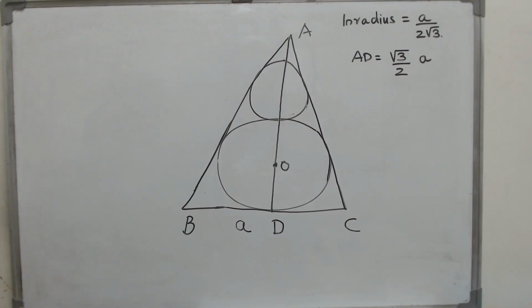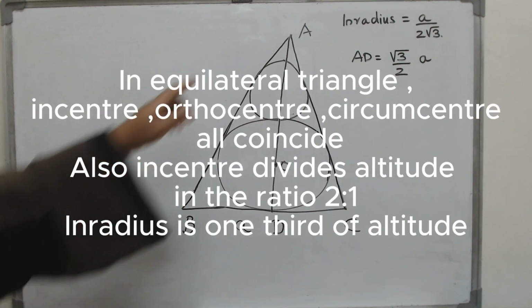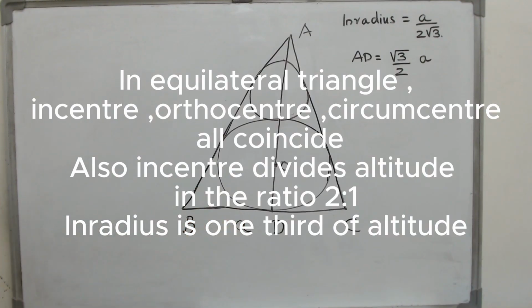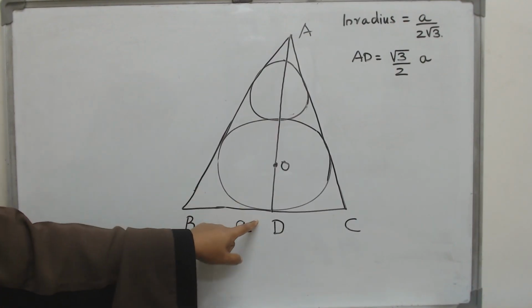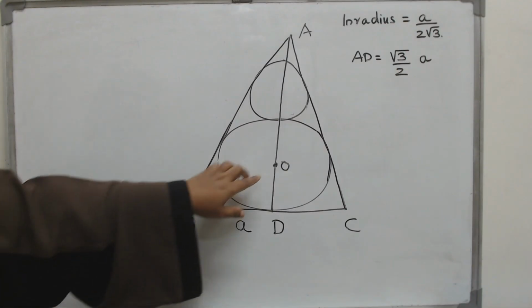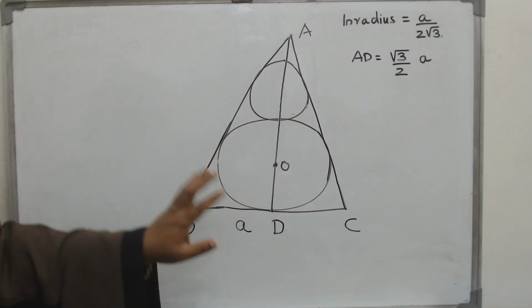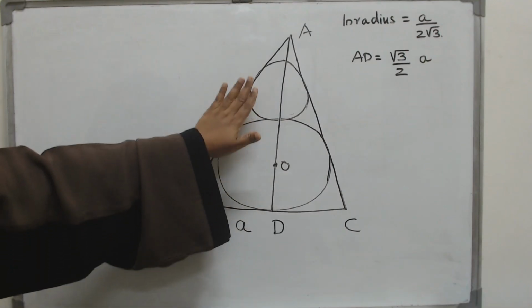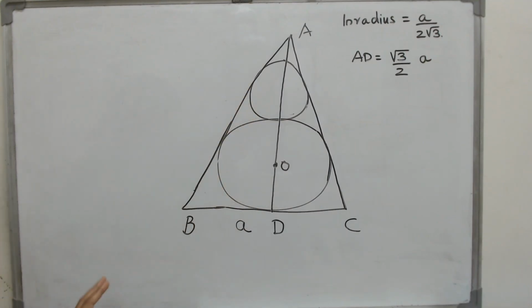It is an equilateral triangle which is symmetric, which means what? If you draw any altitude, it is going to multitask. This altitude is also going to be the median. It is also going to be the angle bisector. So your incenter and your orthocenter are all going to be the same. So this picture that you see here is perfectly fine.